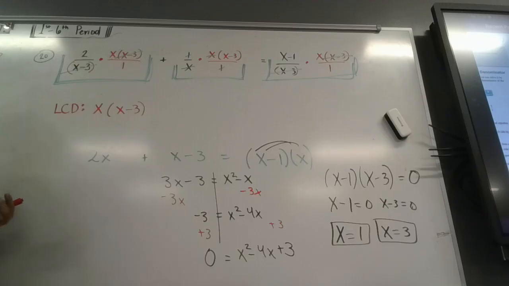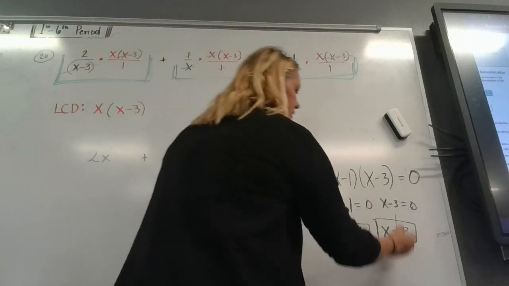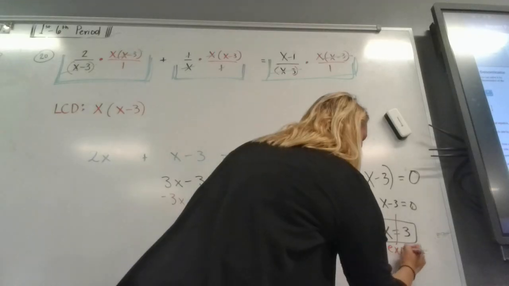Three is going to cause problems. If I put a 3 in here, 3 minus 3 is 0, and we can't divide by 0. Okay, so I'm going to reject it. Line through it. That one's called extraneous.